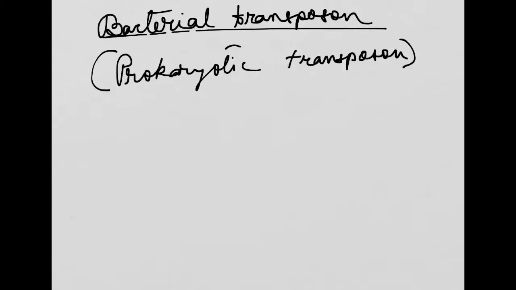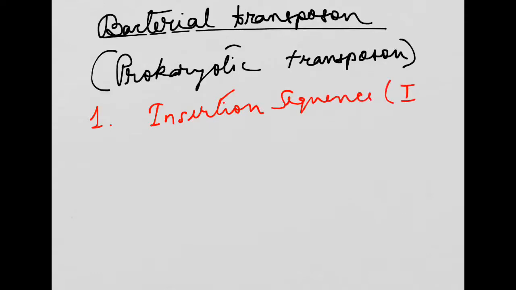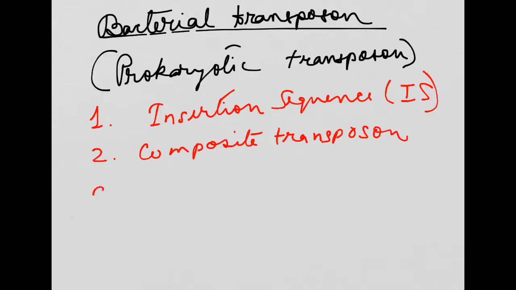Number one, your insertion sequence or IS element in short form. Number 2 is your composite transposons. And number 3 is your non-composite transposons.